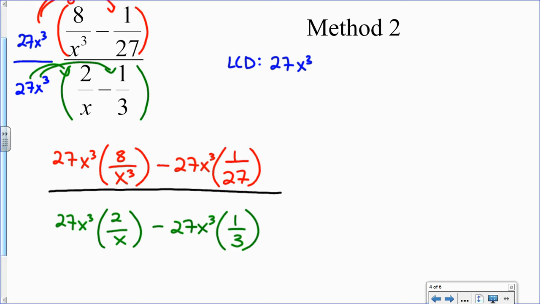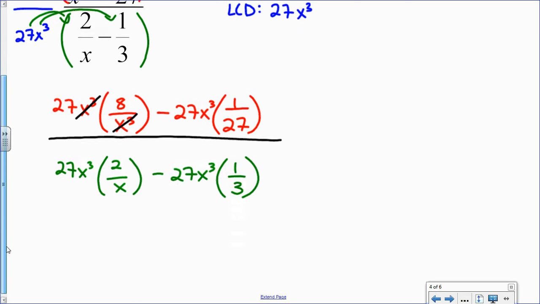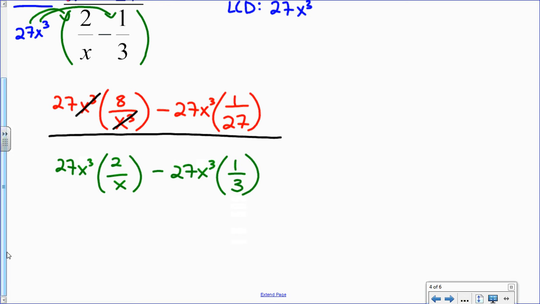So we end up being able to cancel. Okay, so here my x cubes cancel. And I'm left with 27 times 8, which I know is 216. And then the second one, my 27's cancel.